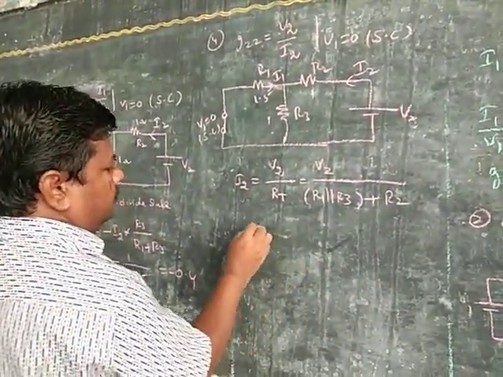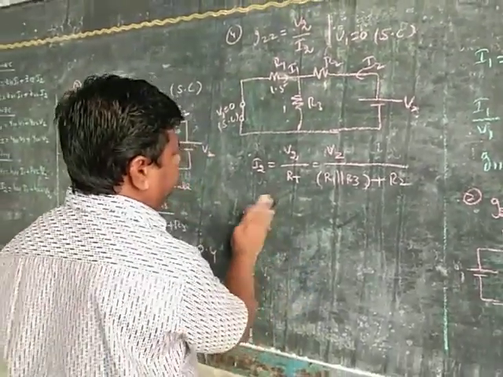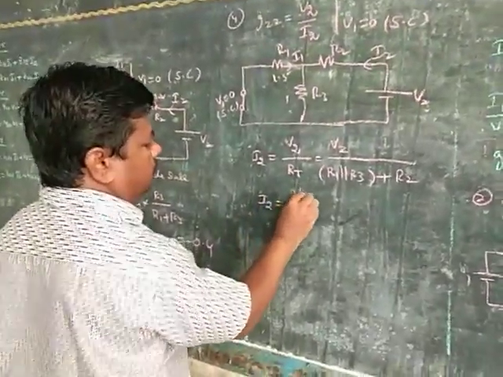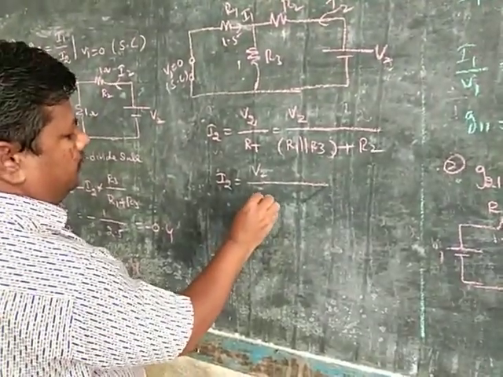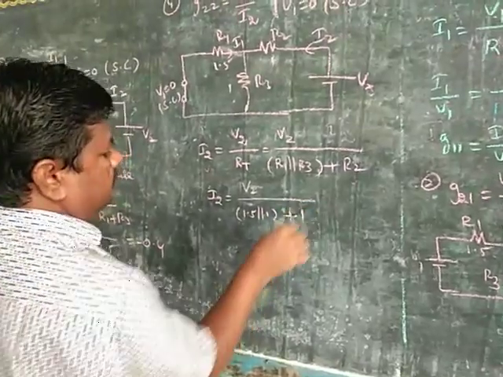So I2 is equal to V2 by (1.5 parallel to 1 ohm plus 1).